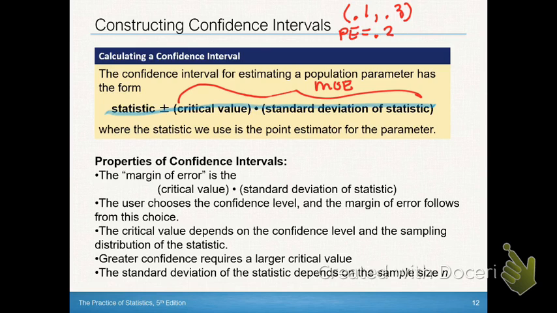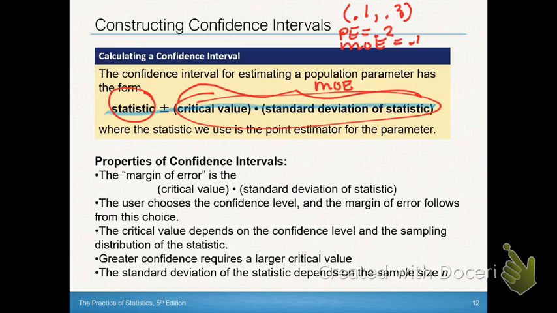And then you should also be able to look at an interval and say, okay, now that I know what number's in the middle, how far away are the endpoints from that number in the middle? So both 0.1 and 0.3 are 0.1 away from the middle point at 0.2. So you should be able to look at an interval and work backwards and figure out what number went here and what number went here.